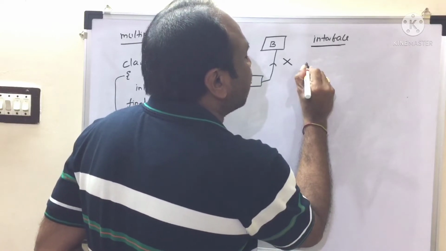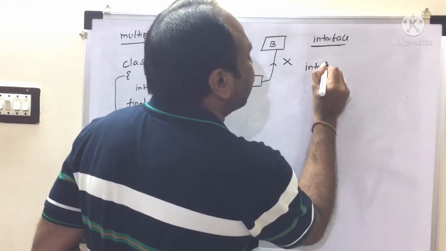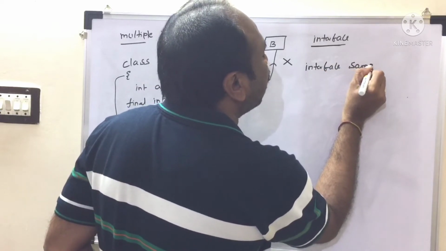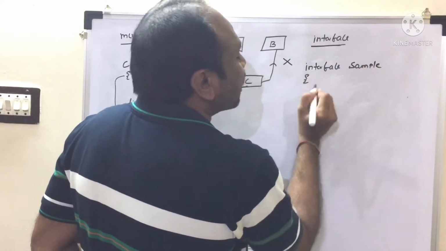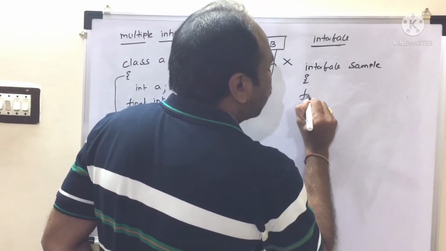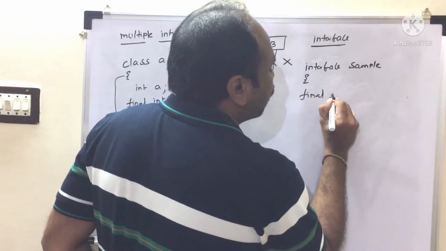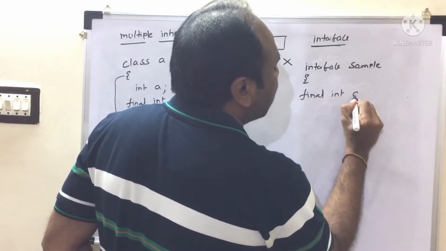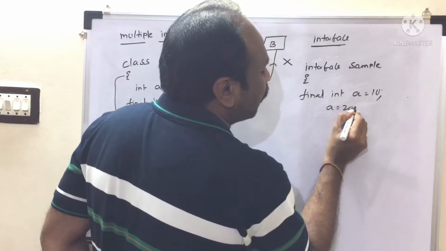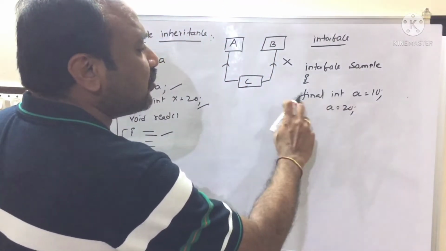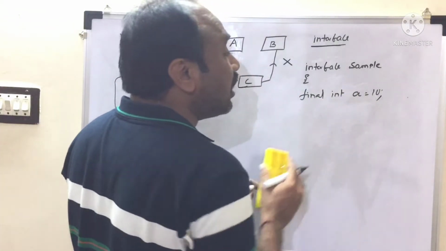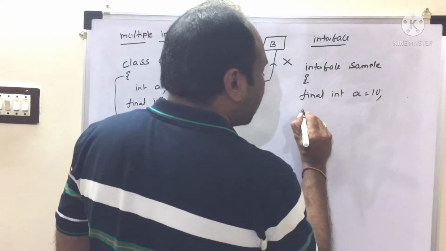To work with an interface, we have to write the keyword interface and a name, for example, sample. An interface will contain only constant values. To declare constants, we have to use the final keyword, final int a equal to 10. If you try to change the value, it gives an error, because a is constant. It contains constants and abstract methods.